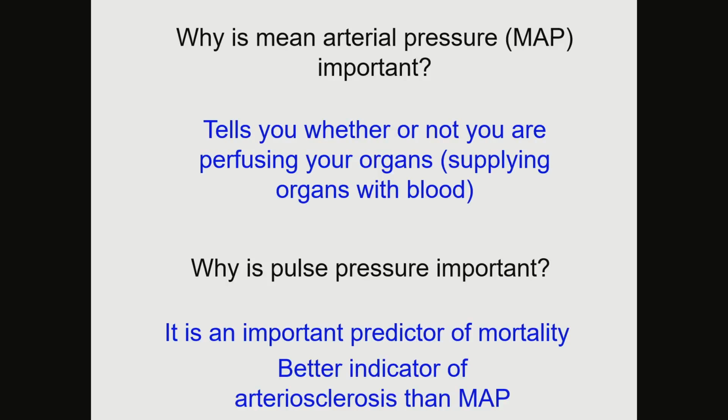Because of what we talked about with compliance: if you have a low compliant blood vessel, then you have a greater pulse pressure, and so that's a better indicator that you have atherosclerosis. Because with atherosclerosis, your arteries get stiffer, and hence that reduces the compliance.